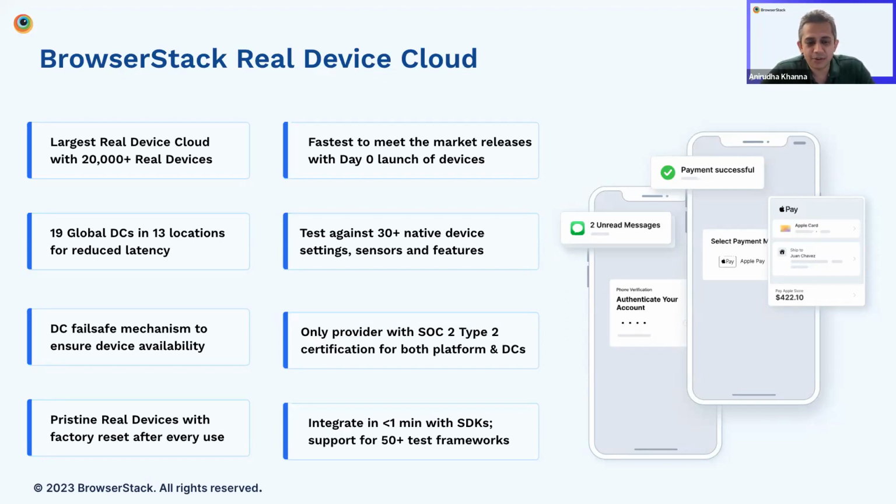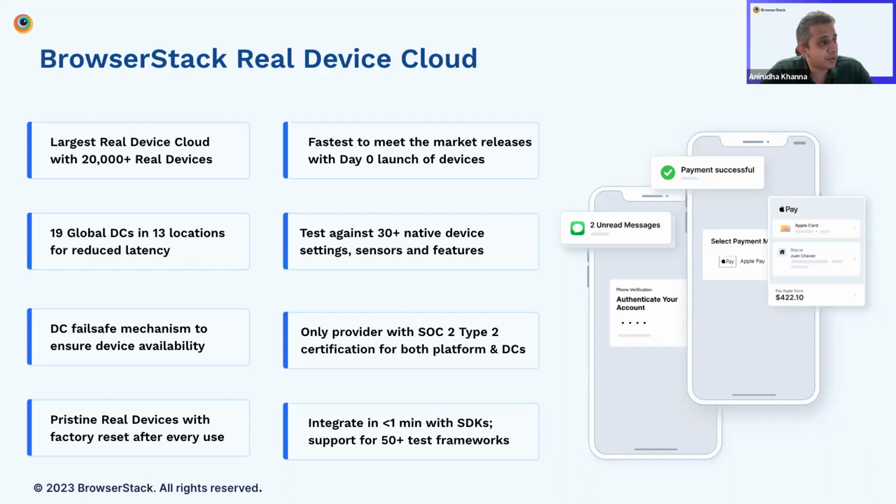Solving for this, honestly, is simply by ensuring that we're able to give you a device that is closest to you physically. And we've done this by having 19 data centers across 13 locations globally, right? This is, I think, one of the biggest challenges that people face, and we've been able to solve it by scaling up to provide you with a device that is closest to you.